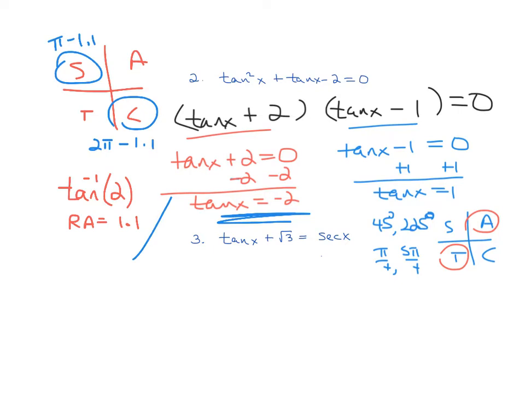So my two angles for this one are going to be, when I do pi minus 1.1, I get 2.04. So I'm going to say 2 for quadrant 2. And this one, when I do this, I get about 5.2. I'll round it. So this would be a calculator type question. Number 3 is a little tricky.